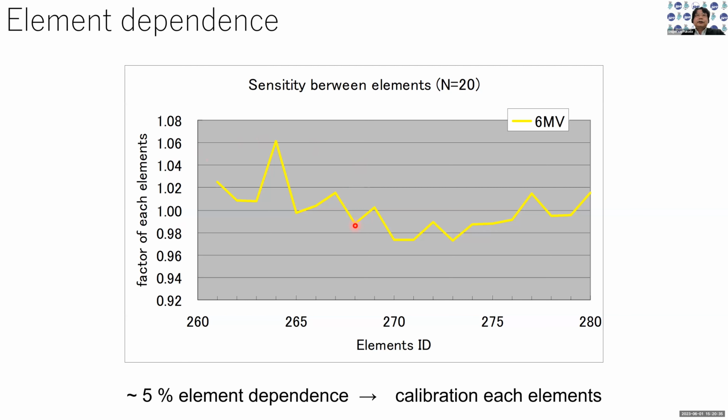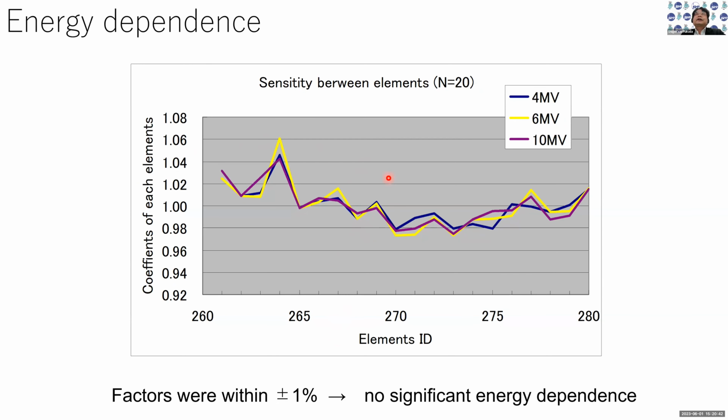Besides, we performed the same measurement for other energies, and this is the result for 4 MV, 6 MV, and 10 MV X-rays. The dependences are almost the same, so the factor for the energy difference is within plus minus 1%. So we decided there is no significant energy dependence around the high energies 4 MV to 10 MV.